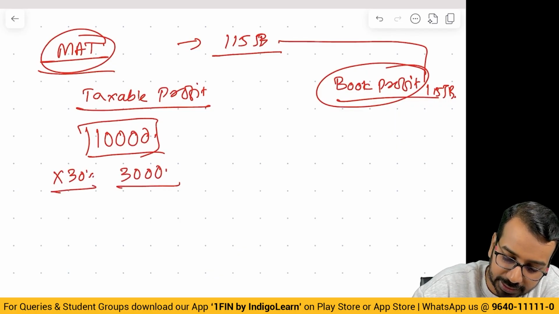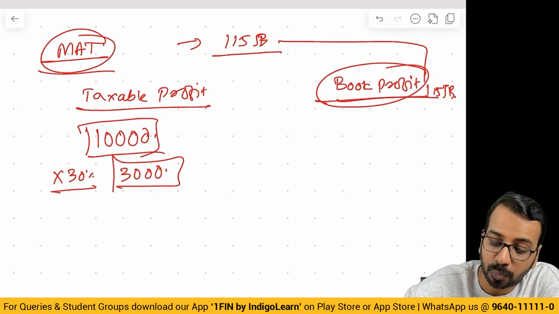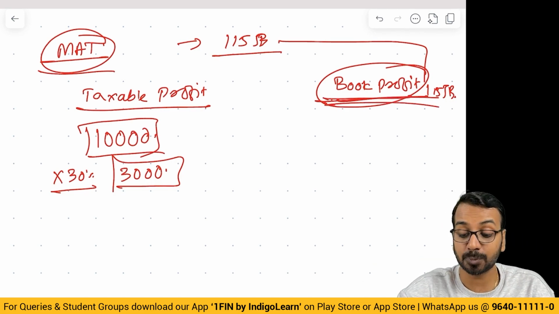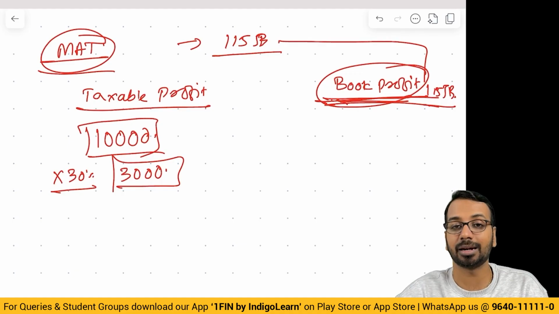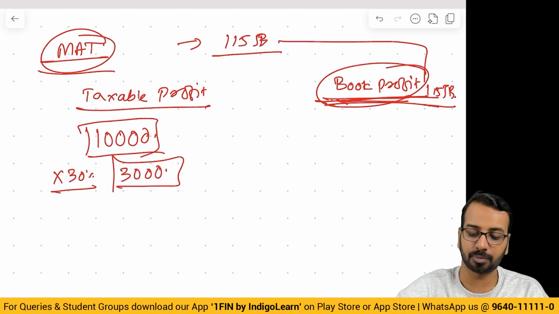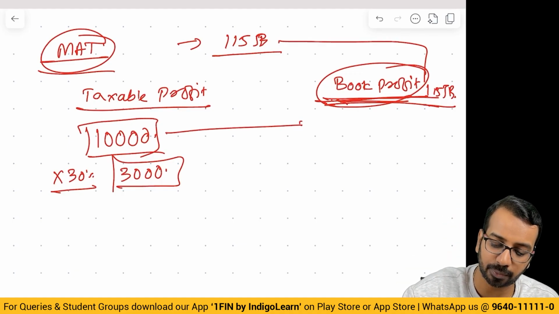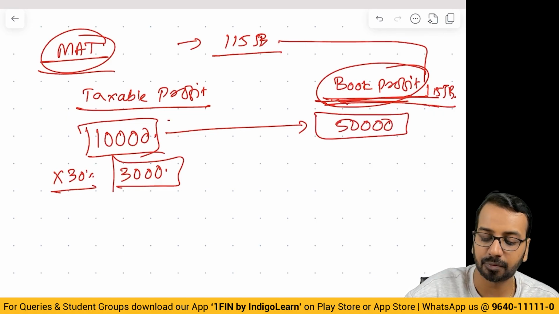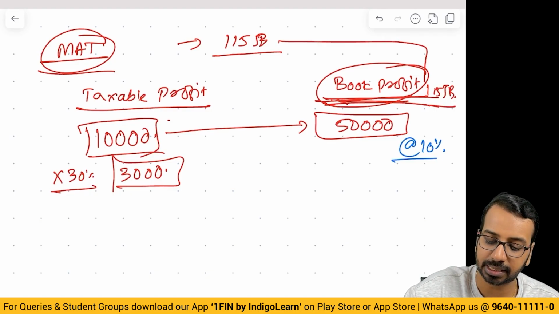which is 3,000. But as per books, when I say as per books, not accounting books, but the book profit of 115 JB, when you calculate it using the provisions of income tax, this profit under 115 JB becomes, let us say, 50,000. And on this, 10% tax is applicable.